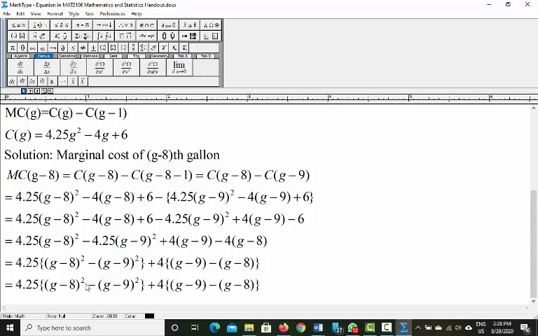So we can take a plus b. So a plus b means g minus 9. Now a minus b.